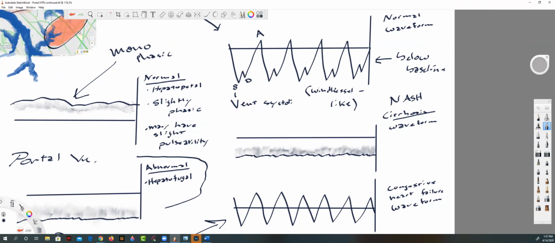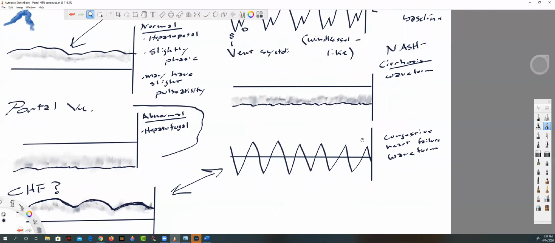Down here, there is no pliability. And not only that, the vessels are even squeezed together from the swollen hepatocytes. And so not only is the liver stiff, but these vessels are squeezed out. You end up getting monophasic flow with NASH, non-alcoholic or alcoholic steatohepatitis, or cirrhosis.